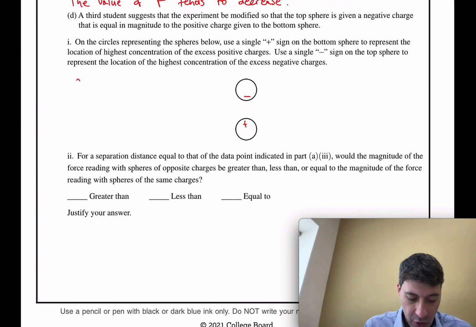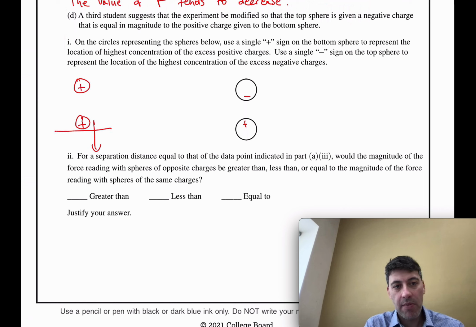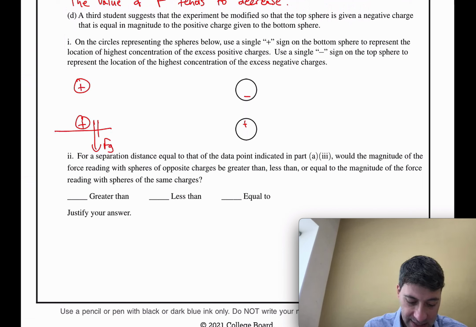Let's see what we had before. Before we had two positive charges, one of them on the scale, and the reading of the scale was the force of gravity plus the electrostatic force.